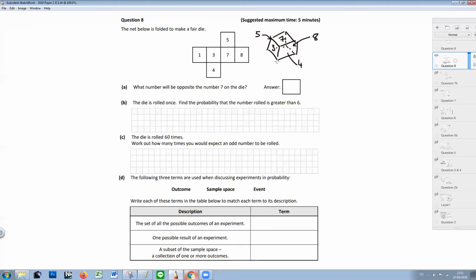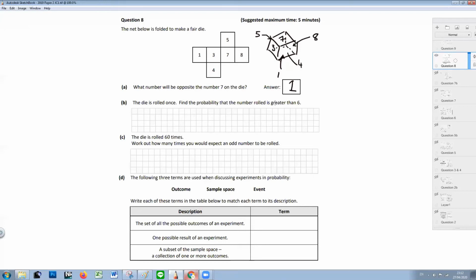And our 1 is going to be on the bottom. So what number will be opposite the number 7 on the die? Opposite number 7 is straight down, so that's going to be 1. Pretty easy, I suppose, once you figure it out. It's just a case of making sure you understand what's really being asked.